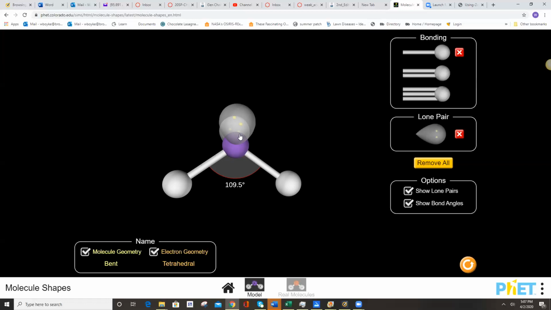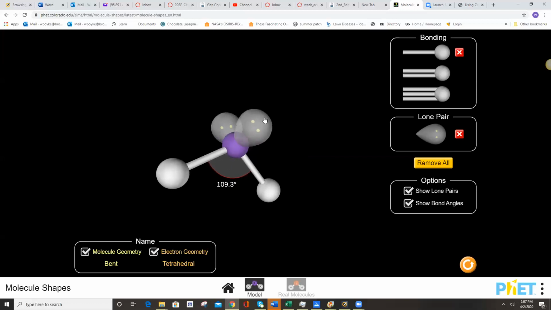In actuality, in water, you're going to see that the bond angle here is actually less than 109.5. It's about 104.5 degrees. And the reason being is the molecule actually scrunches down a little bit more, trying to get, for these outer atoms, trying to get away from the lone pairs. Things kind of really try to get away from the lone pairs.